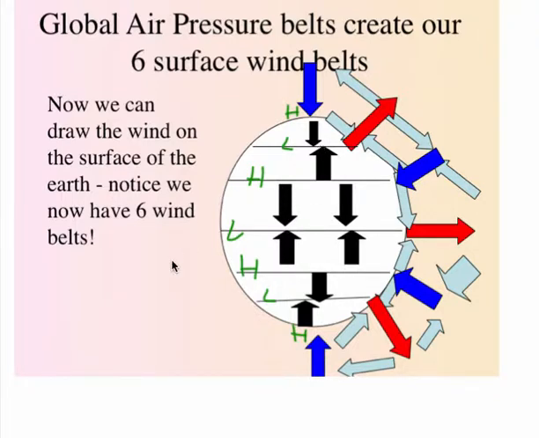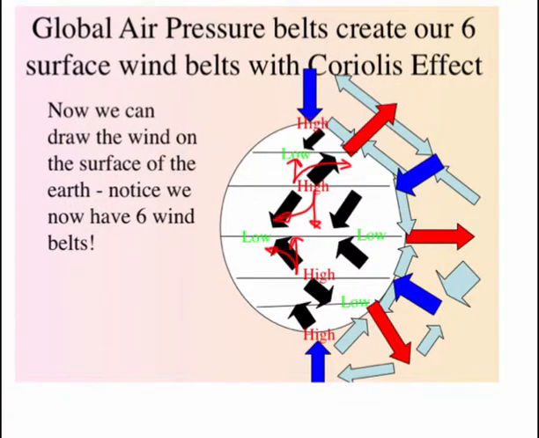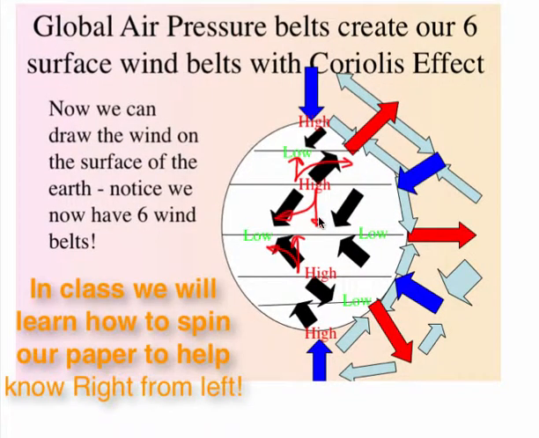Now we're going to take these surface wind movements and we're going to turn them due to the Coriolis effect to the right in the north or left in the southern hemisphere. And I'll show you how to do this with paper so you never mess up in class. So it should be going in a straight line from high to low, but it seems to turn to the right.